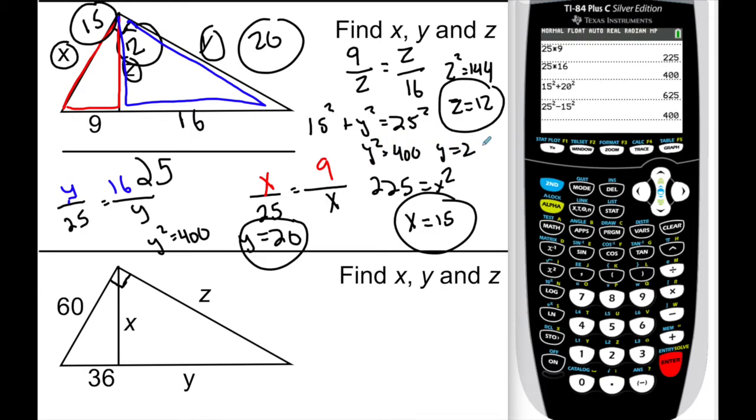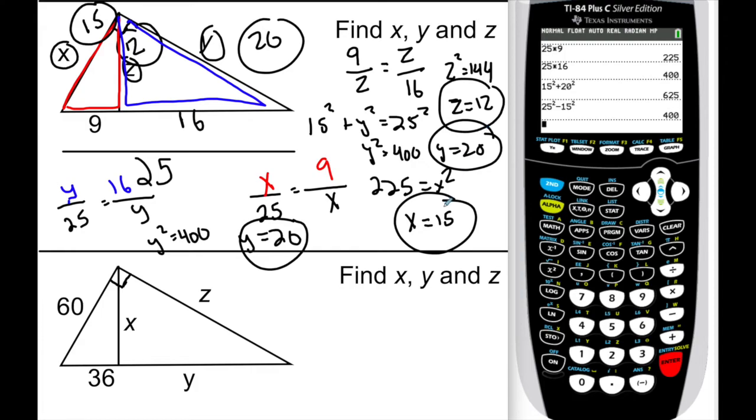So y is 20. So see, I did it with the Pythagorean theorem, and you can too. That's okay. But you have to be open to the fact that sometimes it's easier to maybe not do it. Sometimes you might not have the information to do it. But think about it. Without knowing x is 15, just knowing the hypotenuse is 25 and the adjacent side is 16, you can find y just based on similarity and not using the Pythagorean theorem at all. And I personally think that's really cool.